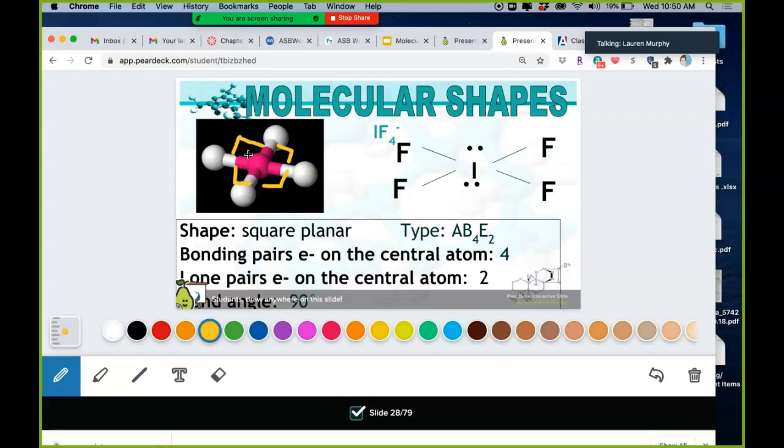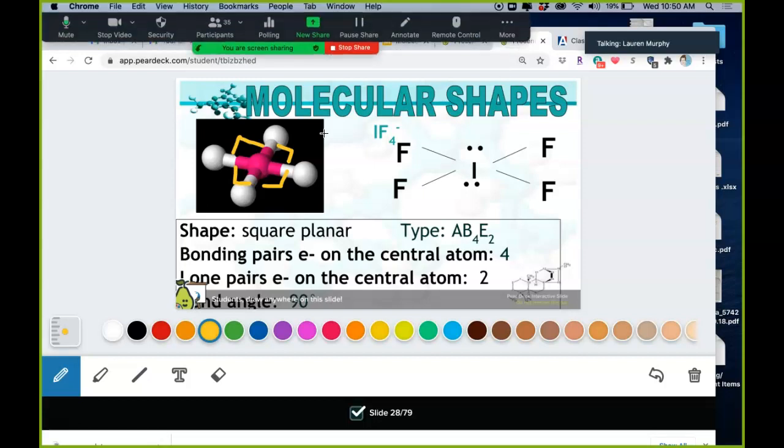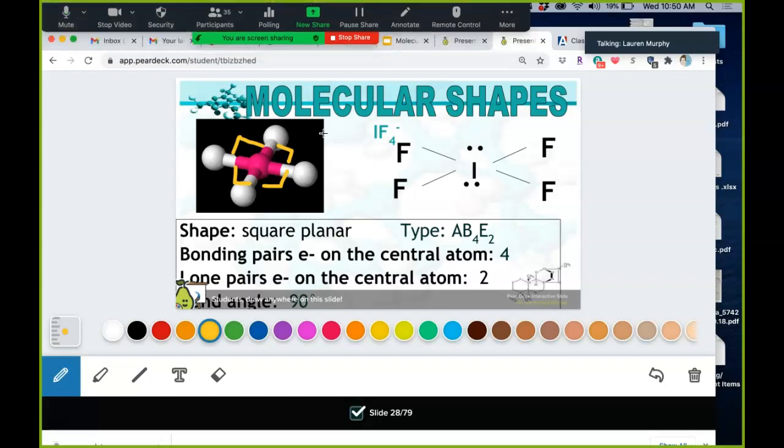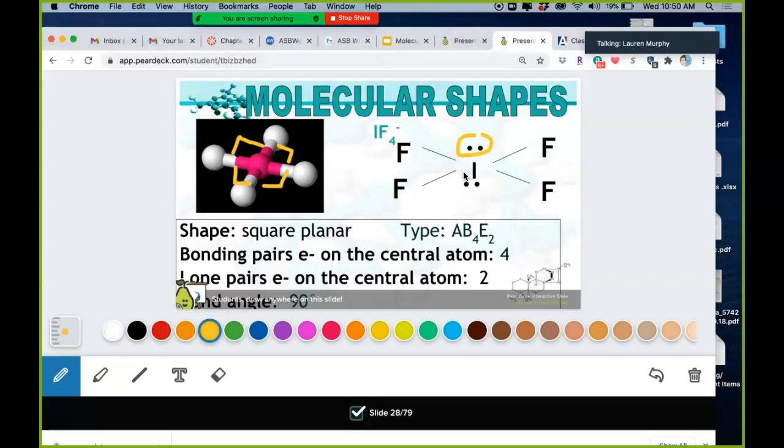That's why they call it planar. So that is our last shape that you need to know, square planar. 6 bonding regions or 6 bonding domains, but 4 of them are bonded pairs and 2 of the 6 are lone pairs of electrons.